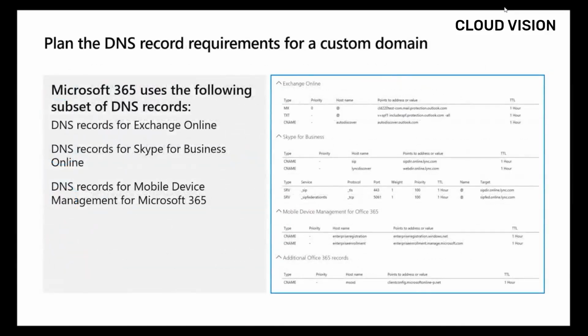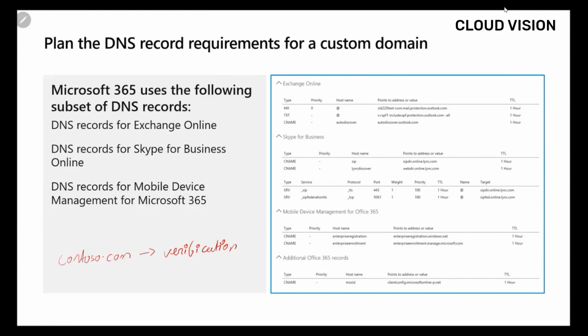So to add a custom domain, there are certain steps that you have to follow. You can use the Microsoft 365 domain setup wizard to add your custom domain, let's say I'm adding contoso.com. As soon as I try to add contoso.com, the first step is to perform verification.